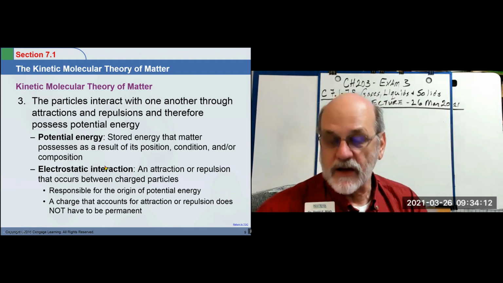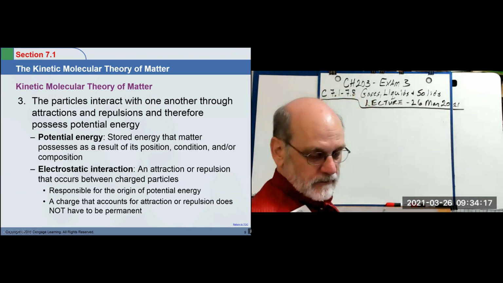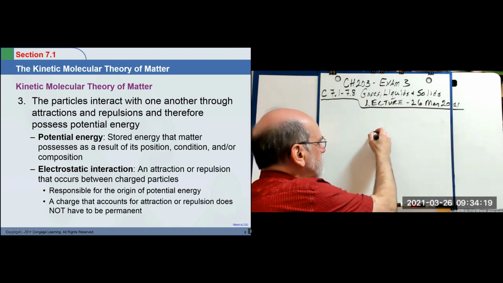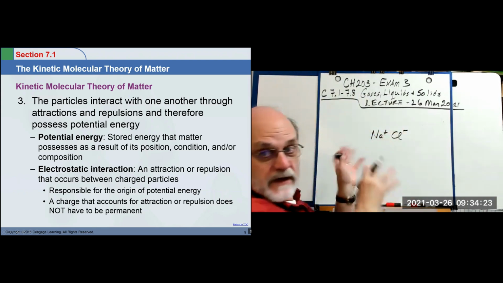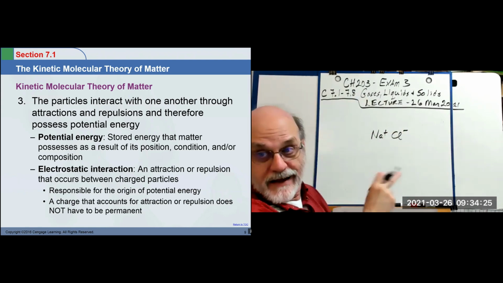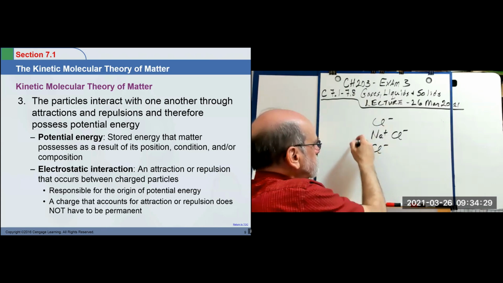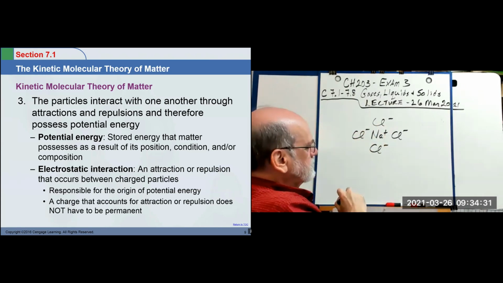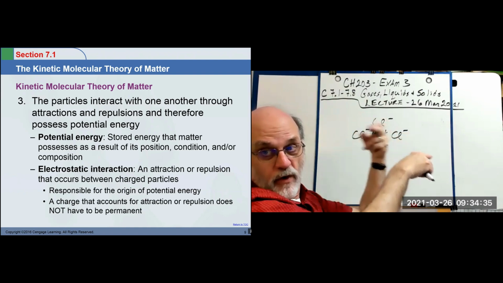So in an ionic solid like sodium chloride, you have sodium ions and chloride ions interacting, right, electrostatically, but you have lots of these around here, right? And you have another one on the other side of that board and one in front.